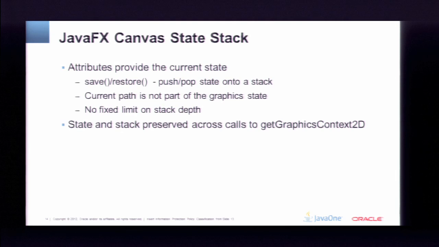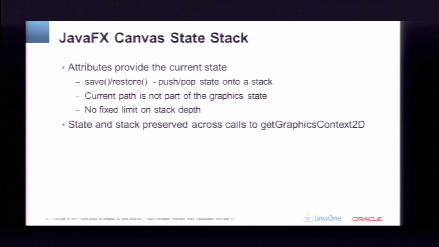The current path is part of the state in PostScript, which is one place where they broke with the PostScript rendering convention, and we followed that instead of doing the PostScript. And unlike PostScript, which I think has a constant referring to how many times you can save and restore, we just allow you to save until we run out of memory, so hopefully you won't save 1 billion times and run over your 12 gig of memory on your desktop.